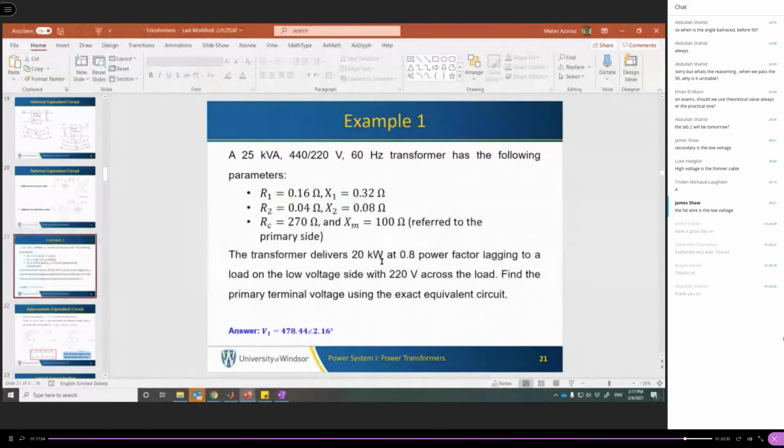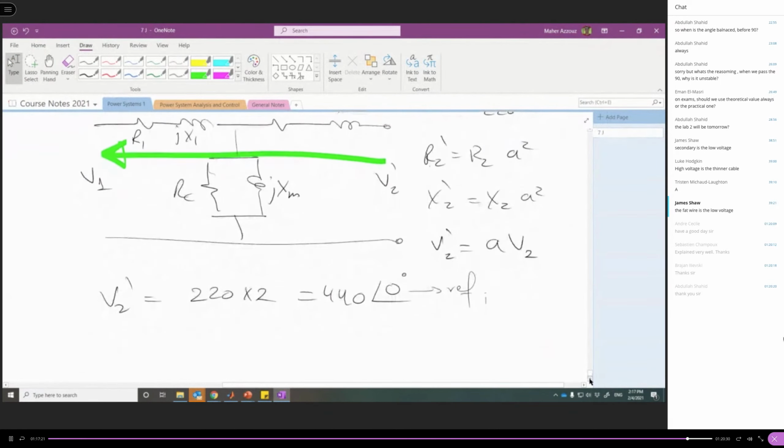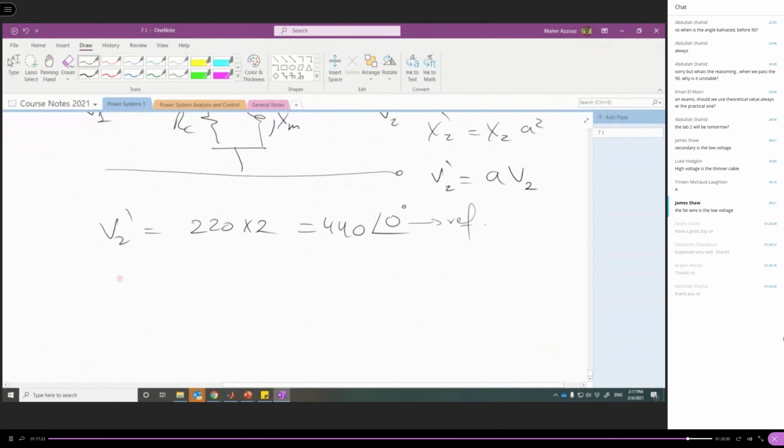We have the power delivered to the load, and the power, by the way, is not referable. The power doesn't change if we refer the circuit from the primary to the secondary or from the secondary to the primary. So the power is given. S2 is equal to the power divided by the power factor, and the angle is cos inverse of the power factor.